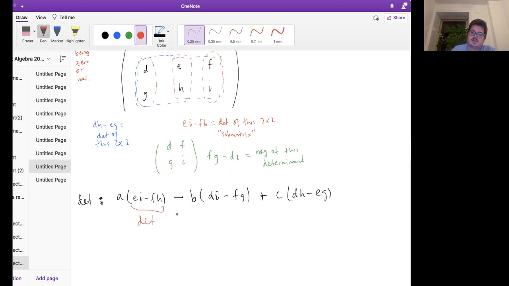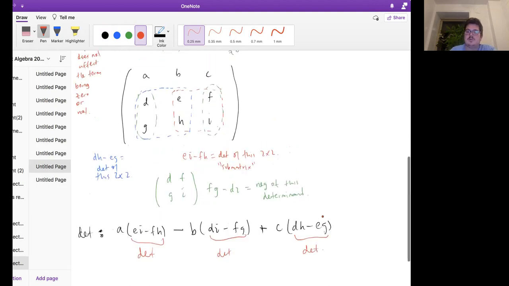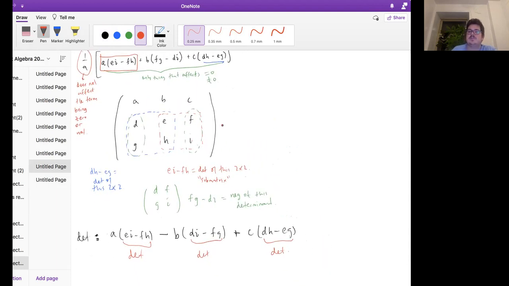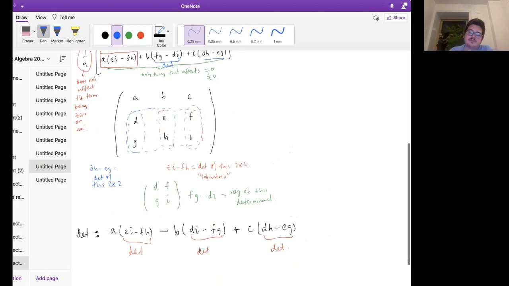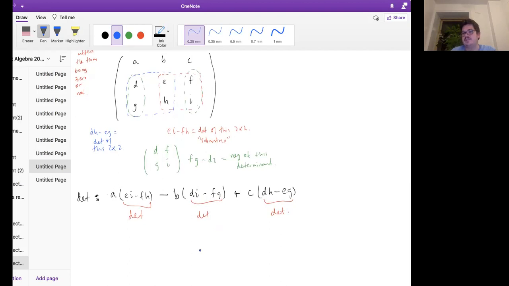So this is a determinant, this is a determinant, and this is a determinant. Before we had a negative determinant. The stuff inside the parentheses was a negative determinant. So I just want to take it out. So everything in parentheses will be a determinant. So I had to take out the negative to do that.